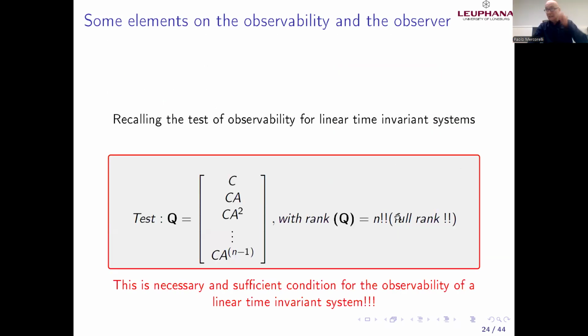We have seen for the observability in the context of a linear system that we had this result, this test, which is a theorem, a necessary and sufficient condition. We can see that the observability depends on the matrix C, which is the map of the sensor, and on the matrix A, which is the map of the dynamics of the system. In any case, it depends just on the output and the structure of the system.